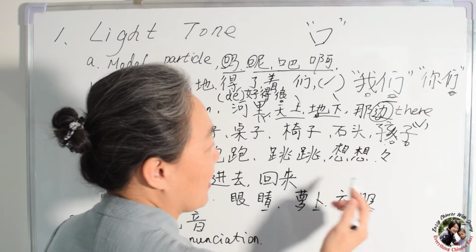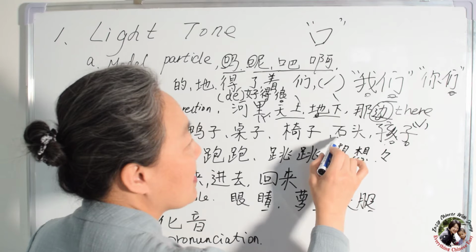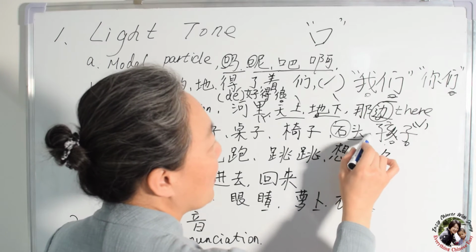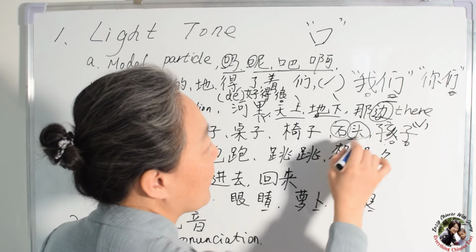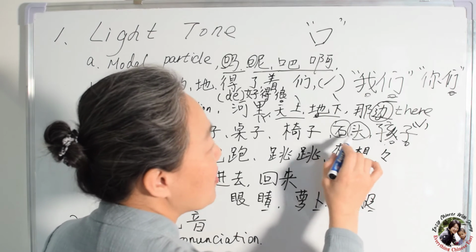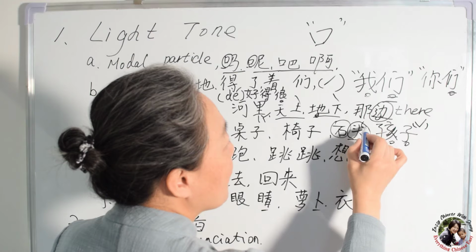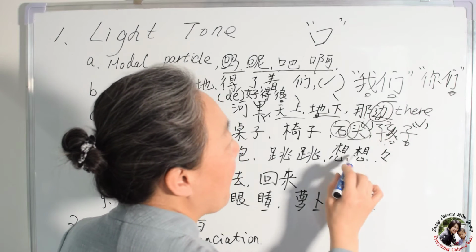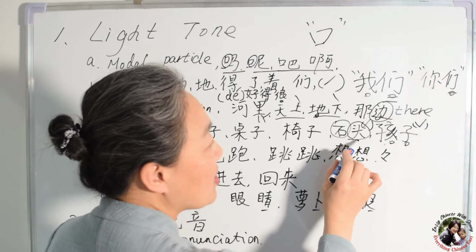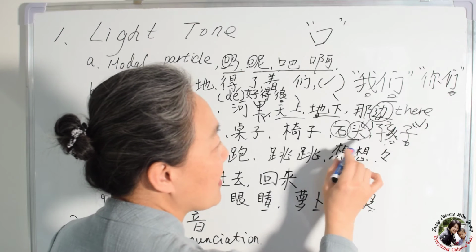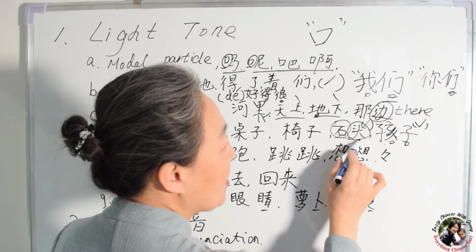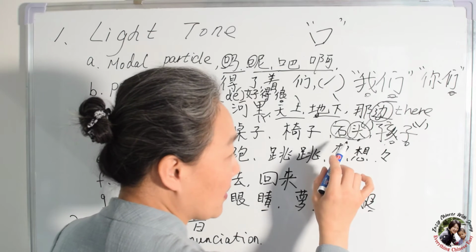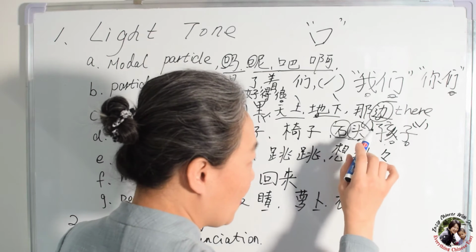It's just a light touch tone. 石头 means stone. 头 itself means head, but together 石头 means stone. When it is alone, it's a second tone, but together, this 头 at the end of this word, you pronounce as a light touch tone.